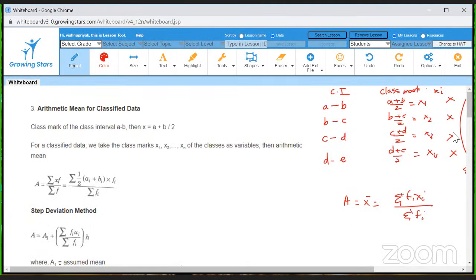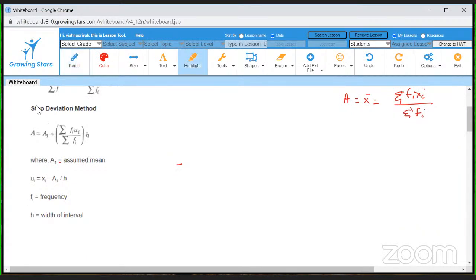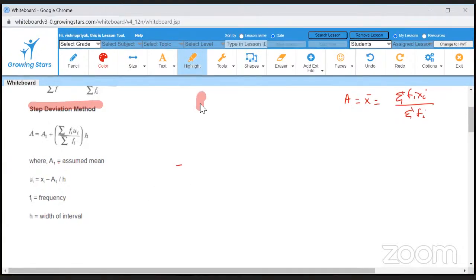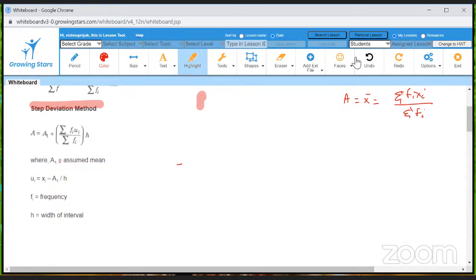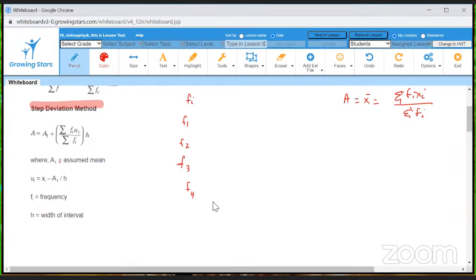And then I was telling you, if the numbers are too big, then you will use step deviation method. How will you use step deviation method? Out of the frequencies given to you, you will have frequency column, F1, F2, F3, F4.